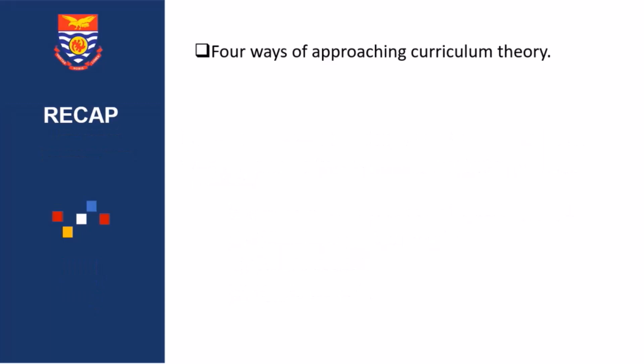In our previous session, we looked at 4 ways of approaching curriculum theory, and we talked about curriculum as a body of knowledge to be transmitted, curriculum as a process, curriculum as a product, and curriculum as a practice.